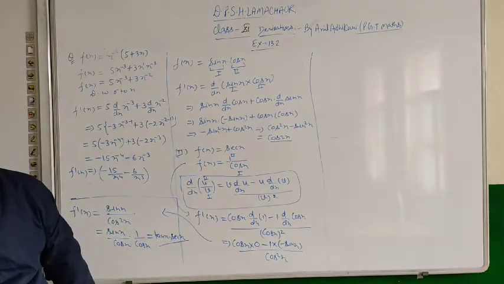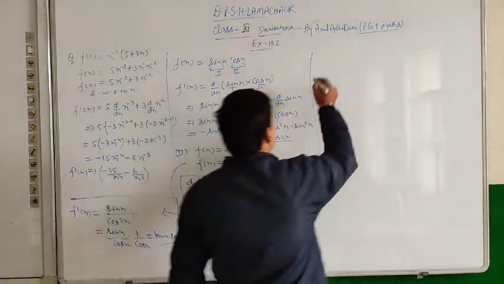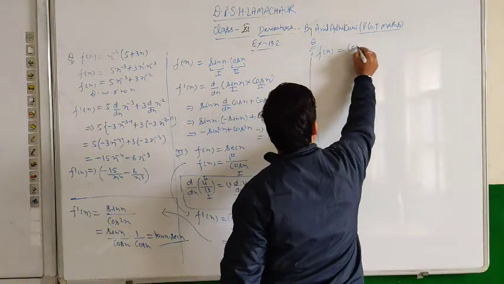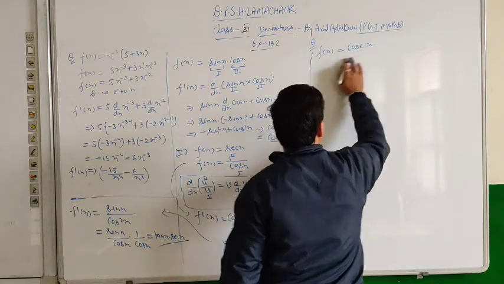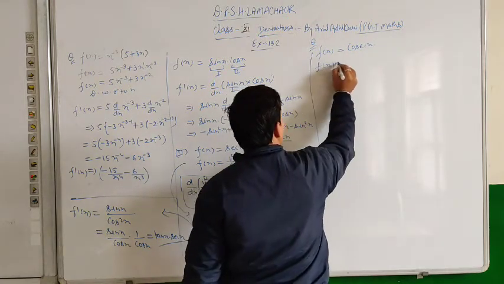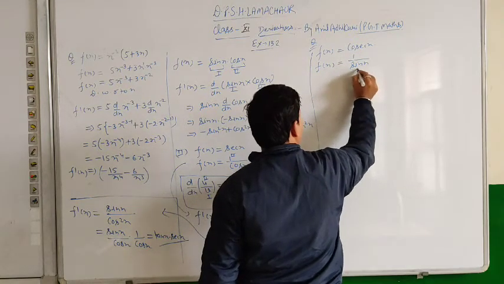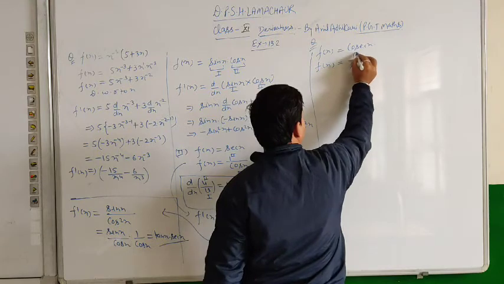Okay. Next, cosec x. The next function is f(x) is equal to cosec x. So first we will write it in terms of sine. Again, let 1 be the first function and sin x be the second.